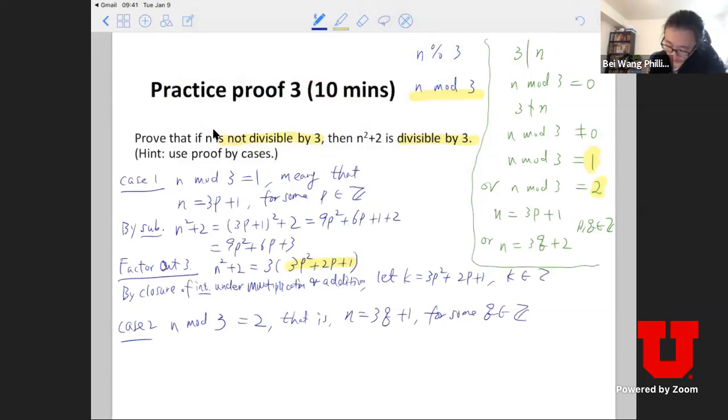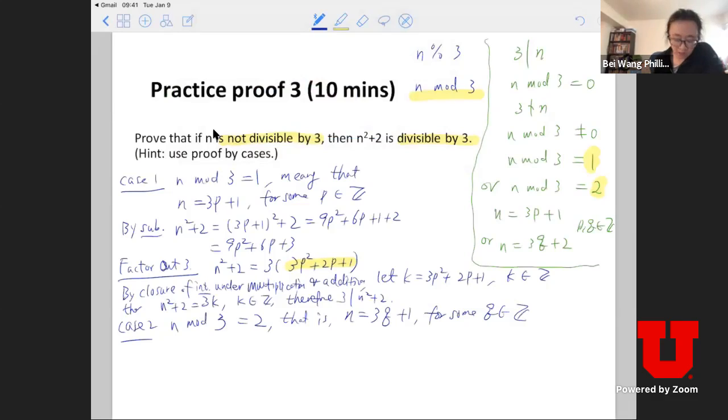K is an integer. Then n squared plus 2 is equal to 3 times k, for k an integer. Therefore, it is divisible by 3, so I can write 3 divides n squared plus 2. This is just the first case.